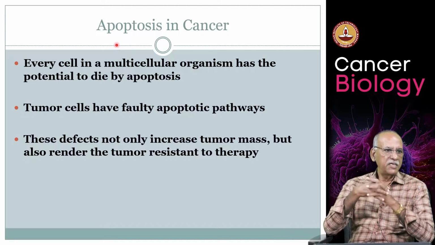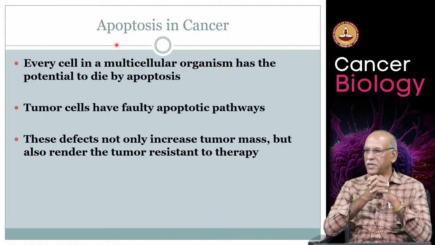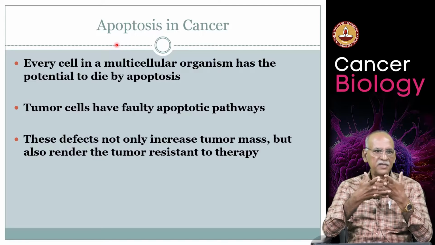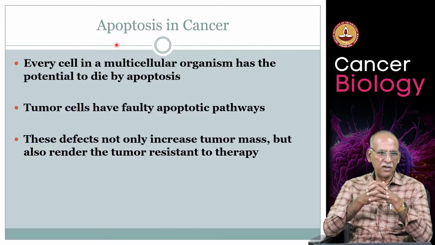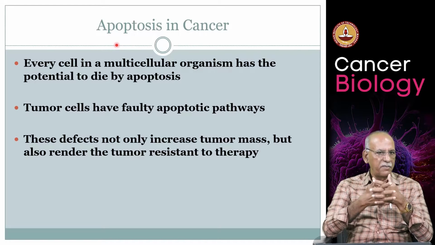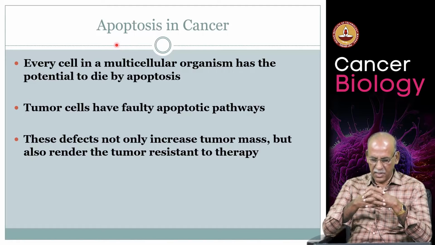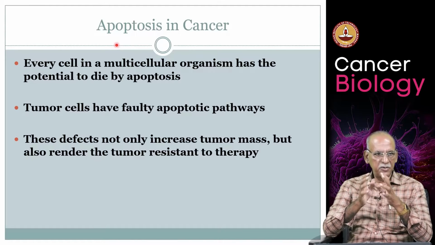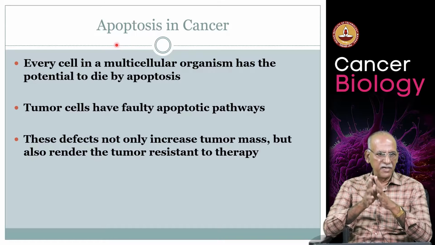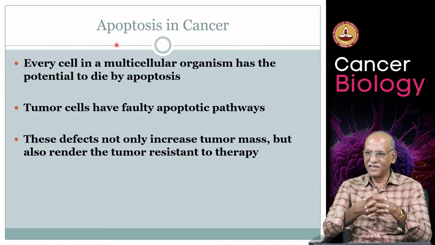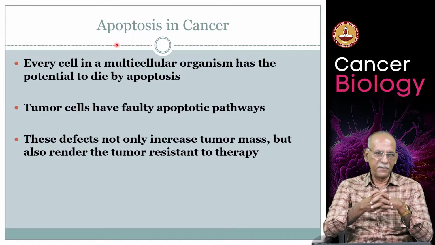Every cell in a multicellular organism has the potential to die by apoptosis. We call it a suicide, because in suicide the person who wants to die decides that he wants to die, whereas in a murder somebody else decides that he or she has to die, right.